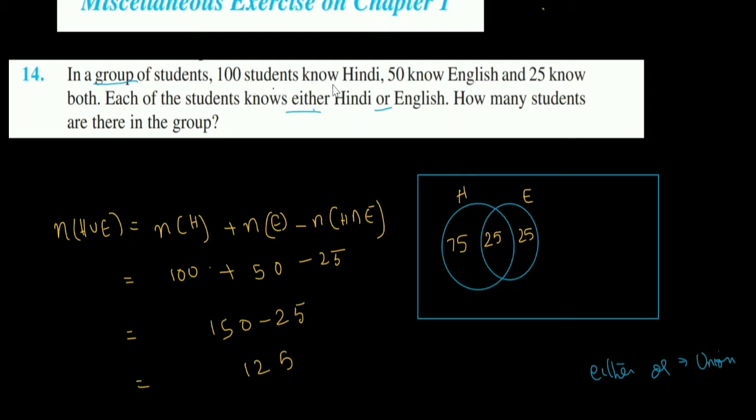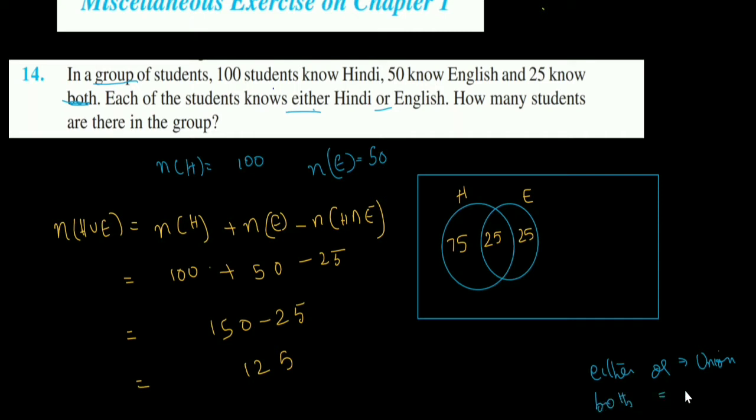So 100 know Hindi, 50 know English, 25 know both. Let us take H: N of H is 100, the number of students who know Hindi. N of E, we can take it as 50. The word both in set language means intersection.